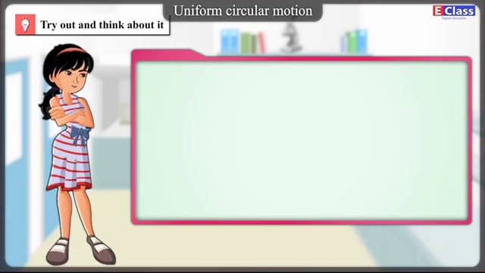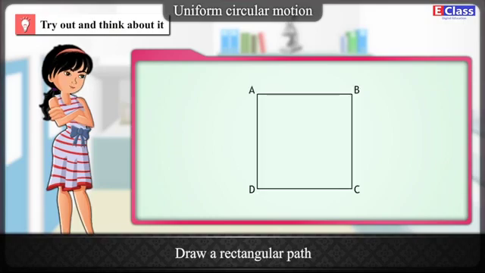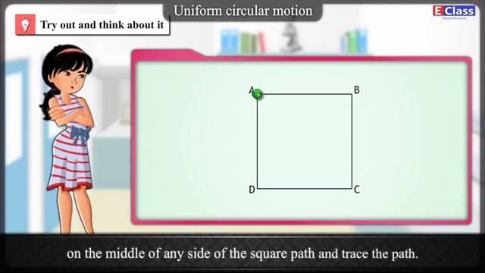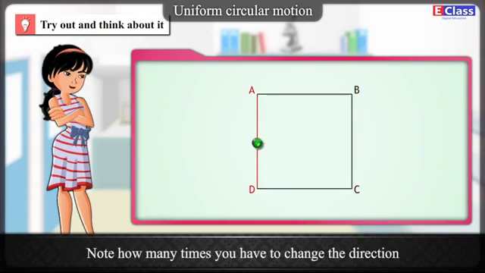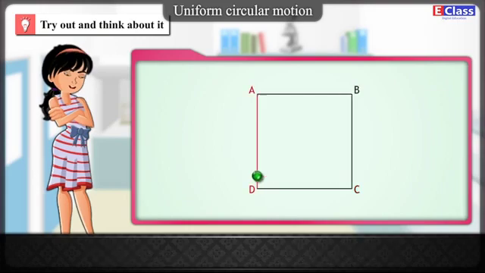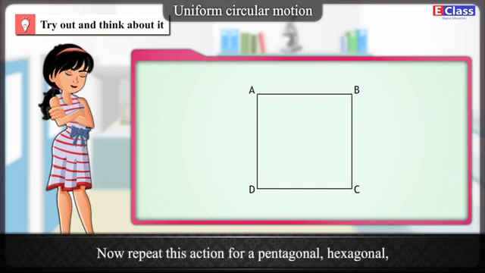Try out and think about it. 1. Draw a rectangular path. 2. Place the tip of your pencil on the middle of any side of the square path and trace the path. 3. Note how many times you have to change the direction while tracing the complete path. 4.